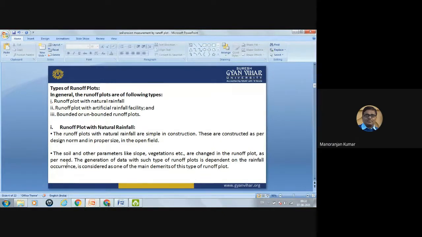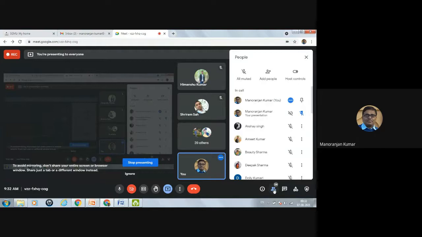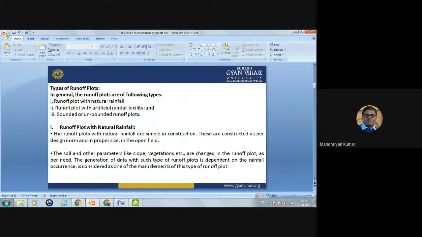So first is runoff plot with natural rainfall. The runoff plot with natural rainfall is simple in construction. These are constructed as per design norms and in proper size, and these are constructed in an open field.